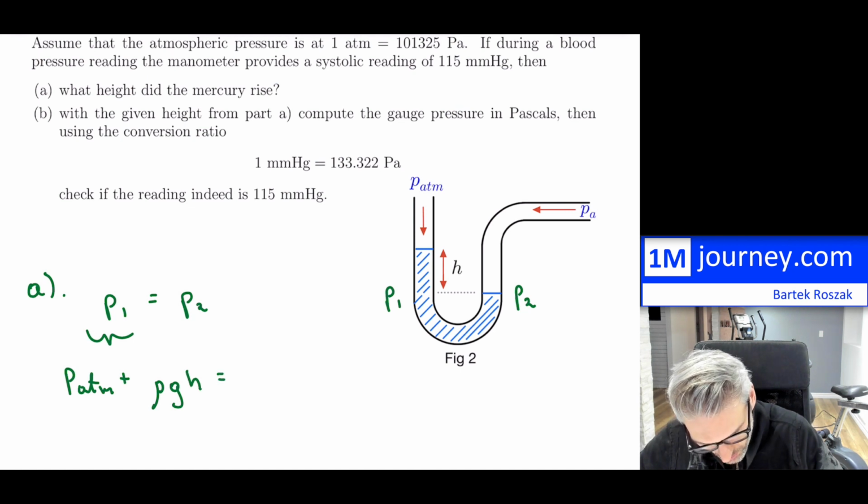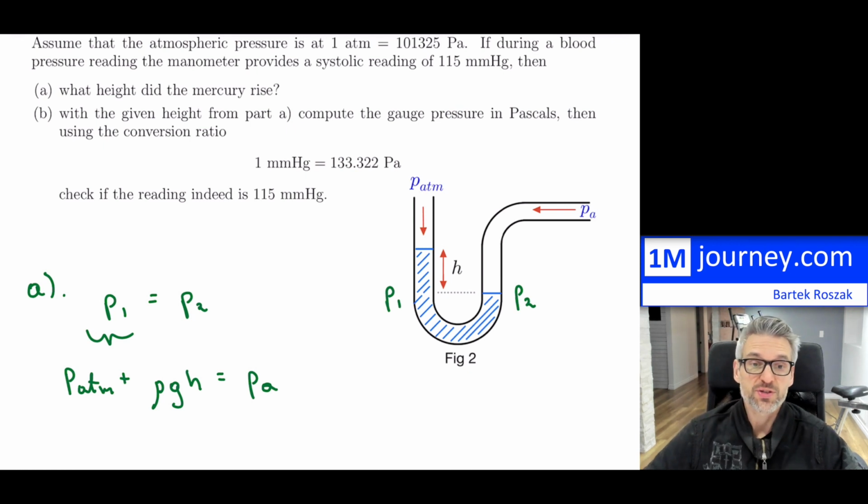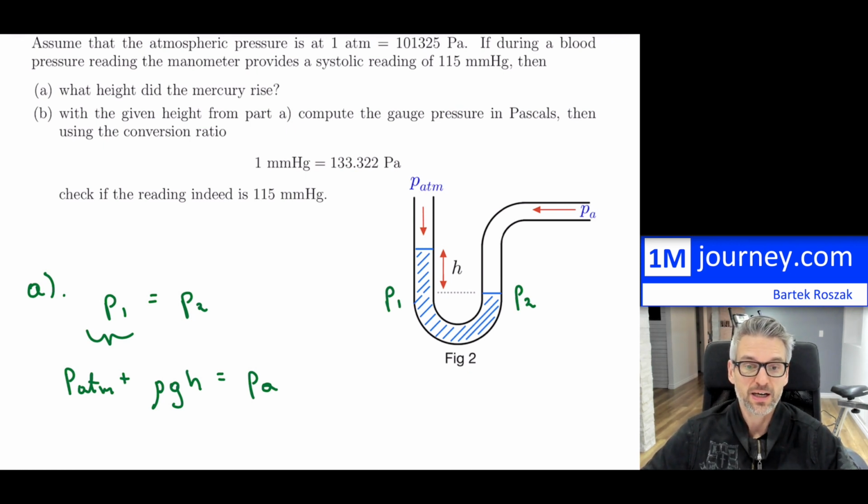And that is going to be equal to whatever pressure I have on the other side, which is PA. That would be the pressure coming in from the blood itself, so that would be the absolute pressure on that side.